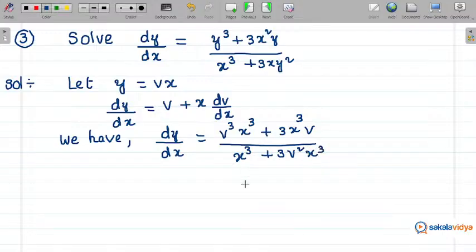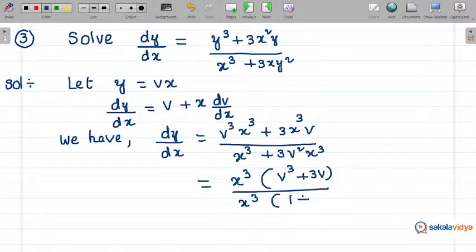So now what shall we do? Let us take out x cube from the numerator, so that we get v cube plus 3v, divided by, take x cube common, we have 1 plus 3v square. And also dy by dx is equal to v plus x dv by dx.